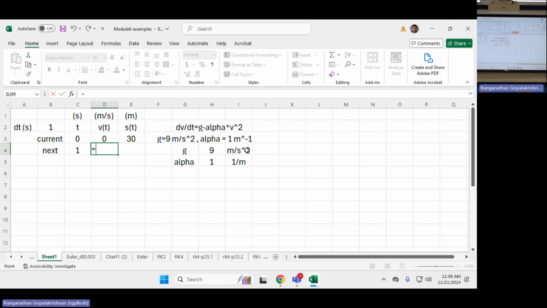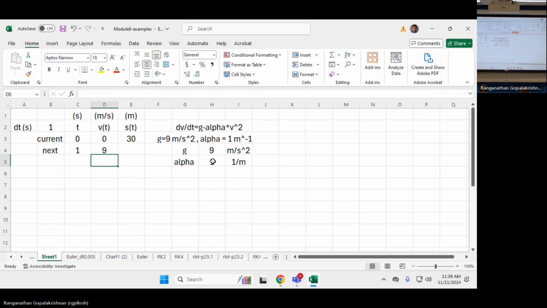So this is current plus dt times g minus alpha times v squared. I'll give you a minute to implement the formula.